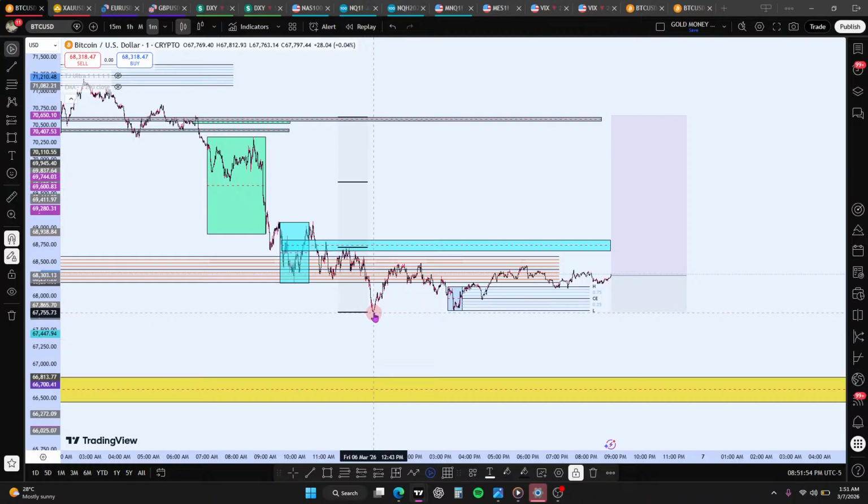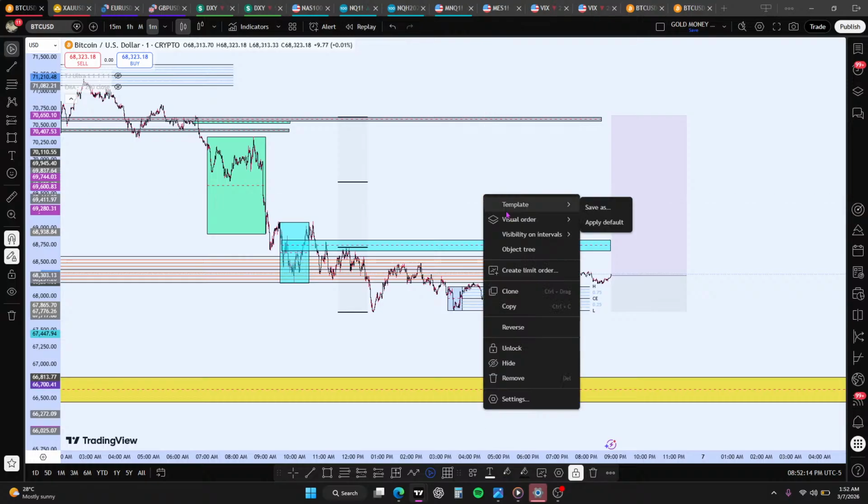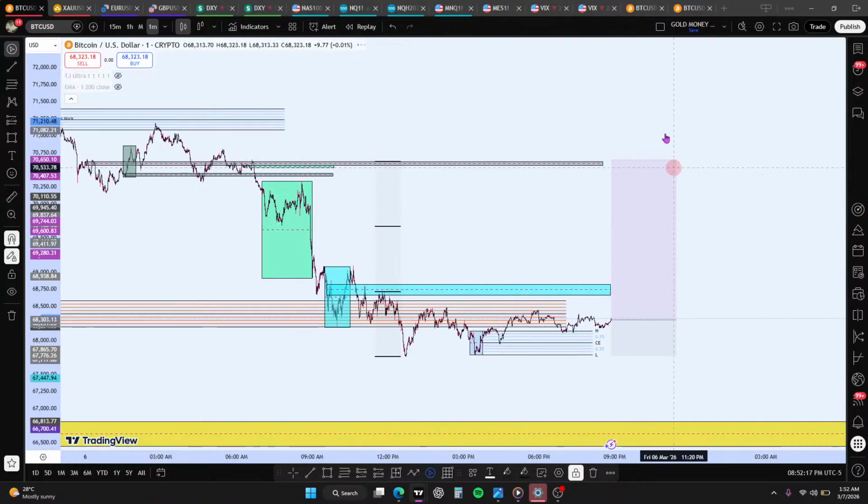It's just consolidating. It could sweep out a lot more sell side before it actually runs up to take all time highs.